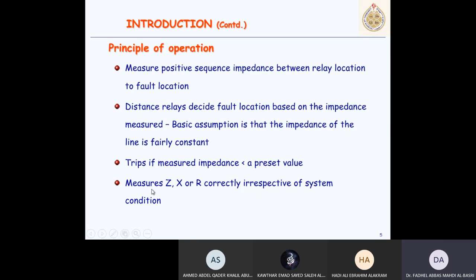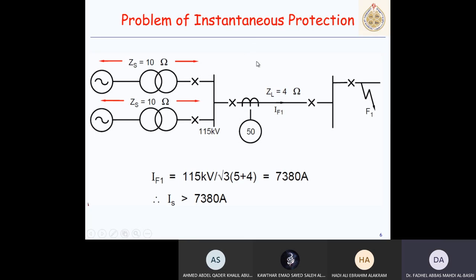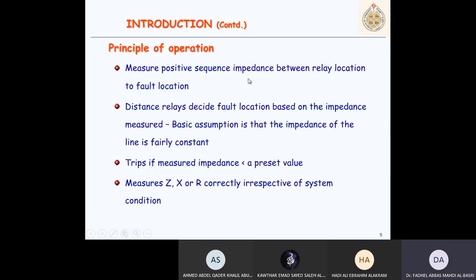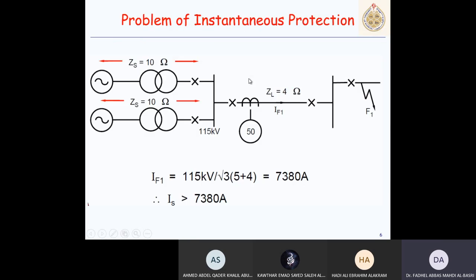So it can measure the impedance, the reactance, and the resistance of the fault impedance, irrespective of the conditions. I'll just compare here, as I mentioned, instantaneous overcurrent also provides instantaneous action.